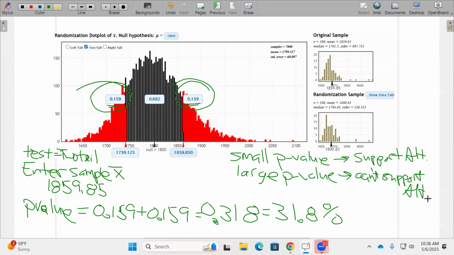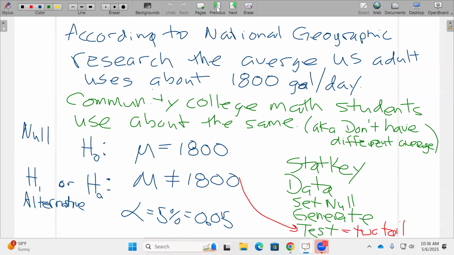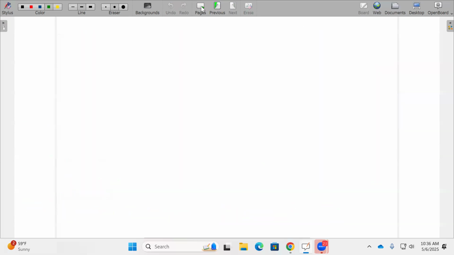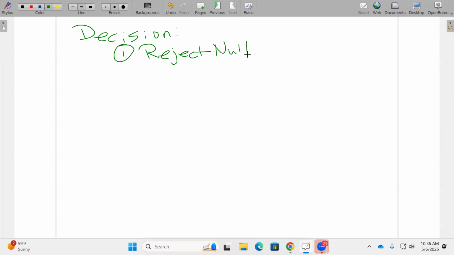That's called the decision. There's two ways to state the decision. Decision one is we reject the null hypothesis.